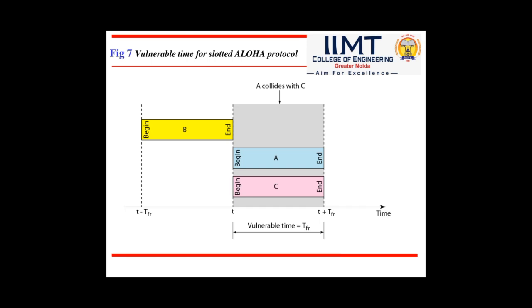In pure Aloha it is twice the frame transmission time, and in slotted Aloha the vulnerable time is equal to the frame transmission time, because the collision occurs in a particular slot. The length of the slot is equal to the length of the frame, so the time interval of a particular frame is equal to the vulnerable time.